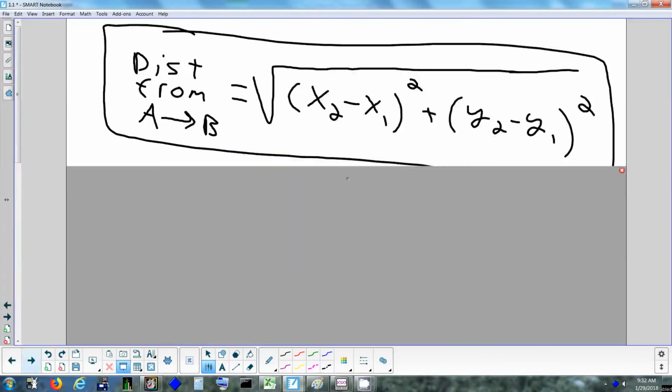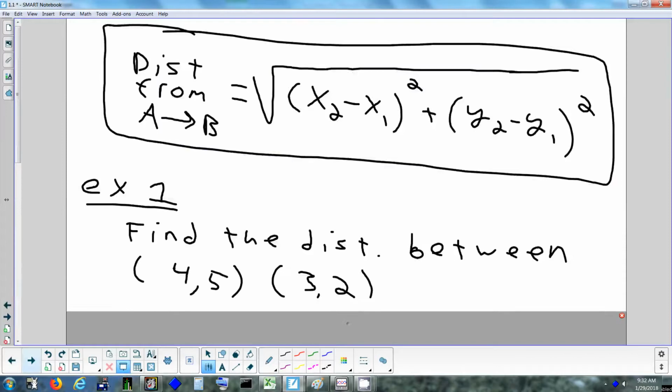So when you're using the distance formula, all you're really doing is finding the length of a hypotenuse using the Pythagorean theorem. That's what the distance formula is. Okay, so usually the way they'll give you a problem is give you a set of coordinates, and you just plug it in and get the answer.